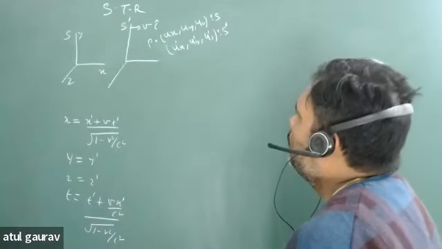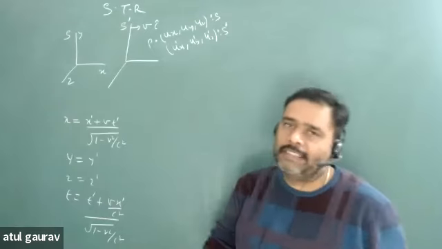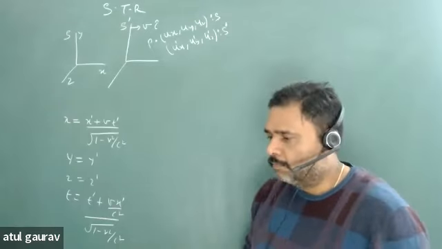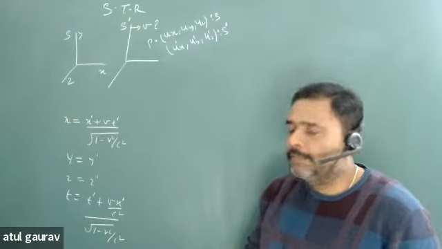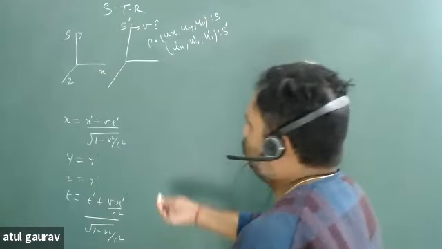So now what we have to do is calculate the relationship between ux and ux dash. What we have to do is calculate the relationship between these two. So now let us see what is going to happen.